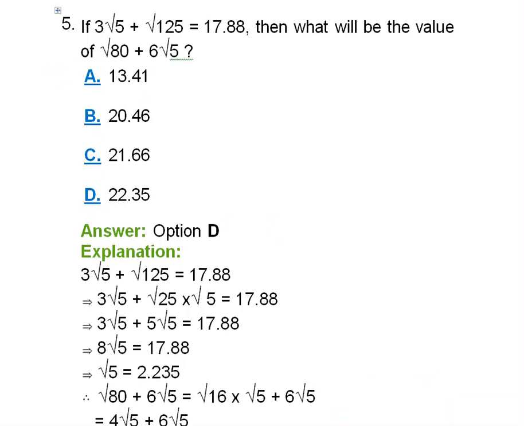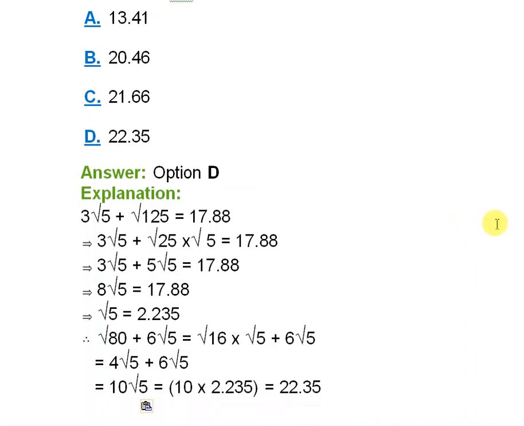If 3 root 5 plus root 125 equals 17.88, then what will be the value of root 80 plus 6 root 5? Okay, so we have taken it like 3 root 5 plus root 125 equals 17.88. We can write 125 as 25 into 5, but we have root also, so we cannot forget that. We'll write it as 3 root 5 plus root 25 and root 5.